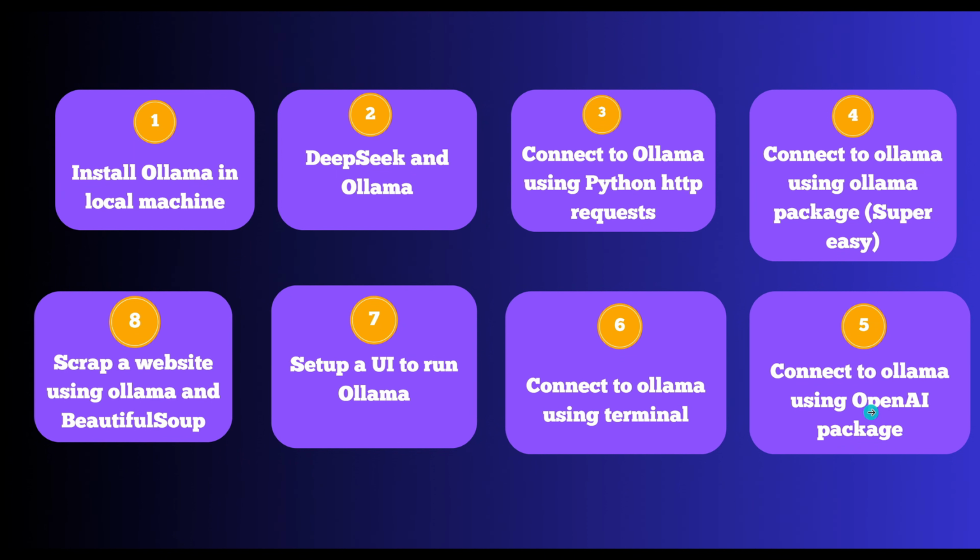Next one is using the OpenAI package. That is one of the common ways of calling any language models. But within the OpenAI package, we use the DeepSeek and Llama models, not the OpenAI LLM models, but instead we use the DeepSeek LLM and Llama LLM.